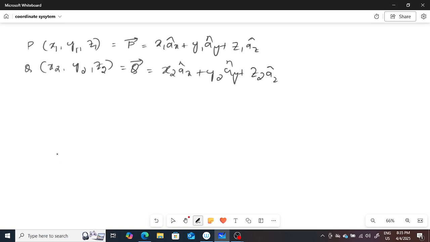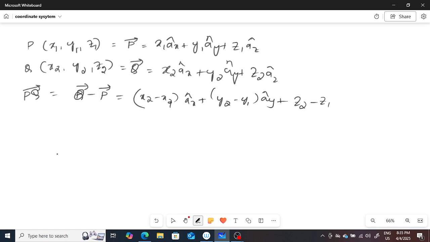Now if I want the vector PQ, it will be given as vector Q minus vector P, which is x2 minus x1 ax plus y2 minus y1 ay plus z2 minus z1 az. So how to find a cap OP and vector OQ?